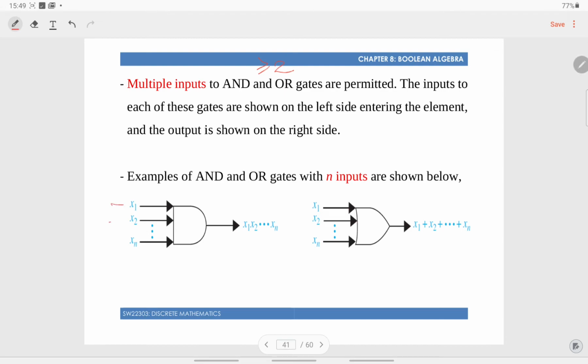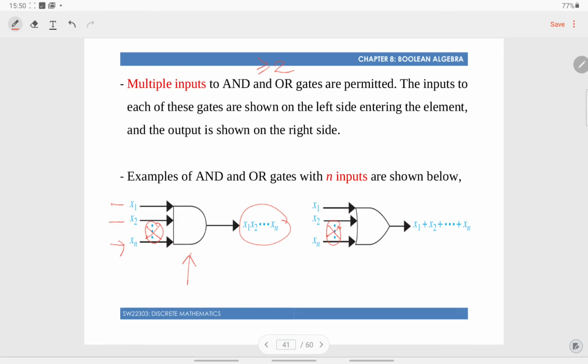We have x1, x2, x3. Because this is an AND gate, the output is the Boolean product of x1, x2 up to xn. Don't forget to put this triple dot to indicate that we have n inputs. If you have only 3 inputs, there is no need to put the triple dot.